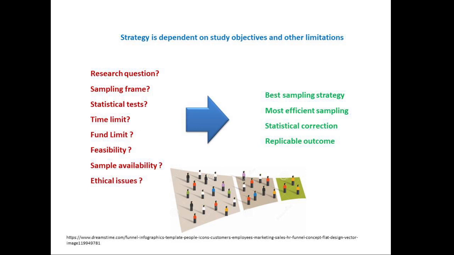The strategy is dependent on study objectives. So which strategy you have to follow to collect only a few individuals, and why you have to select only a few individuals, depends on the research question, what exactly you want to perform.